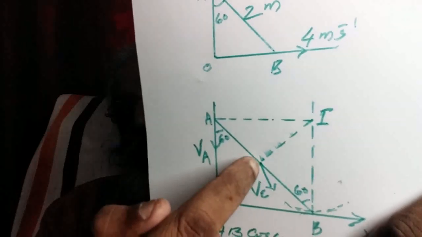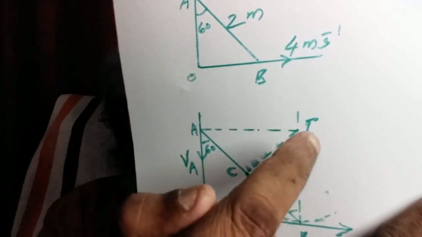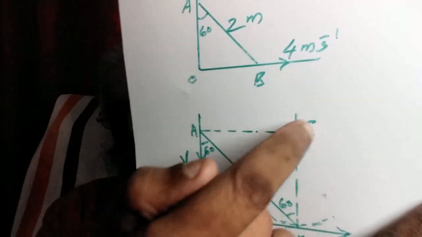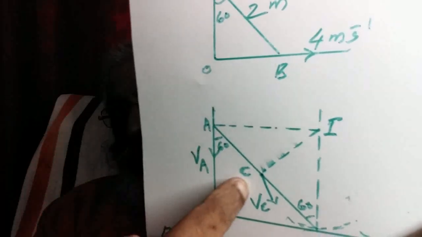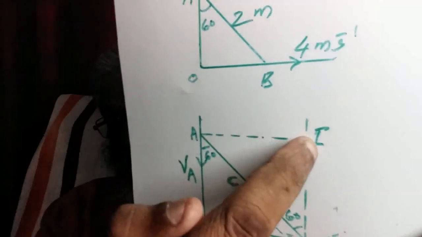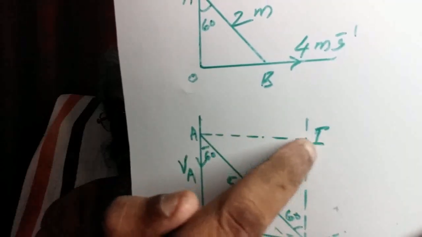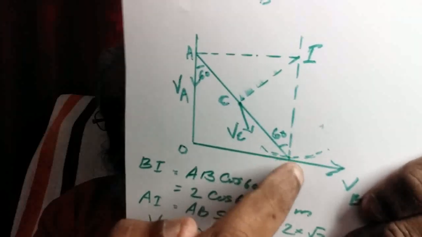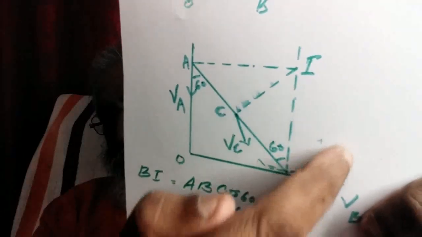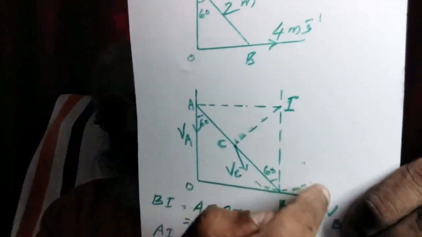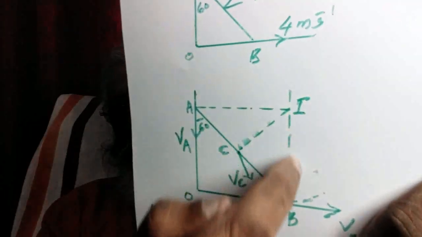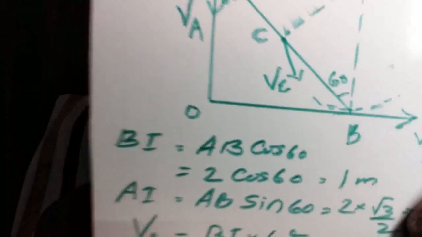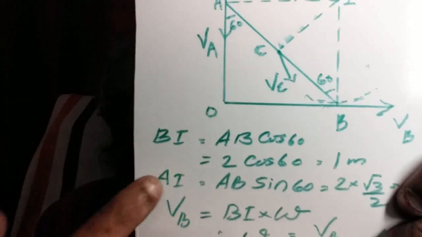So C is in circular motion about this point with CI as the radius. A is in circular motion with I as center and AI as radius. B is in circular motion like this, for this particular instant only, with I as center and radius BI. So first you solve for BI, AI, CI.